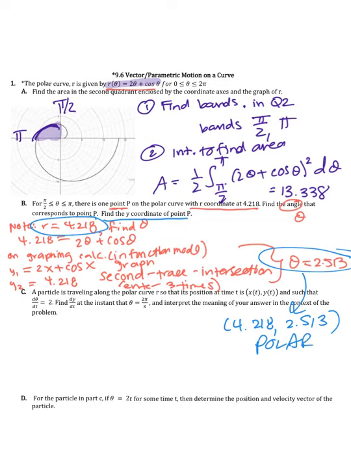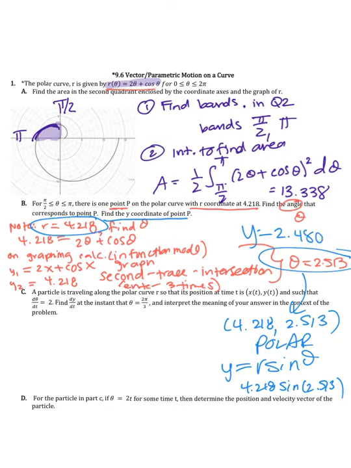This is our ordered pair in polar coordinates. The second part of this question is specifically asking us to find the y-coordinate of P. Well, how do we find y in polar? y is equal to r times sine of theta. So in this case, that's 4.218 times sine of 2.513. And if you plug that into your calculator, you're going to get that the y value is 2.480.